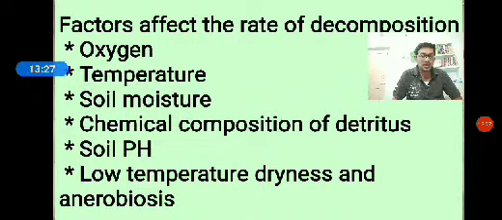Third, soil moisture. An increase in soil moisture increases the rate of decomposition. The more soil moisture is present, the more decomposition takes place. If the soil moisture decreases, the rate of decomposition also decreases.